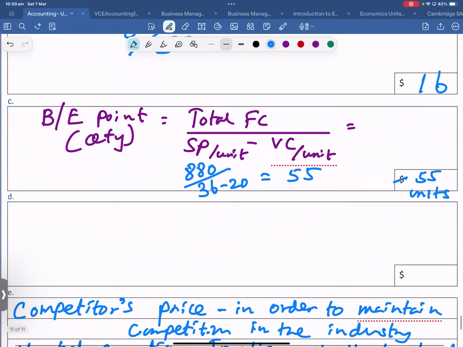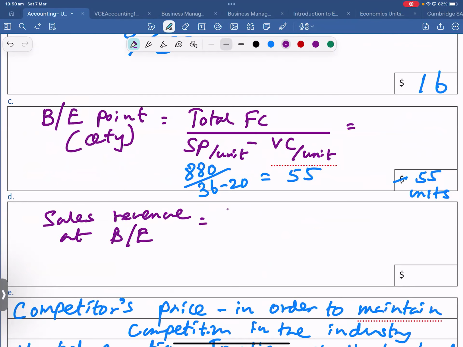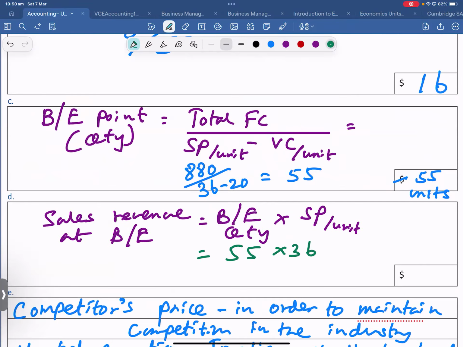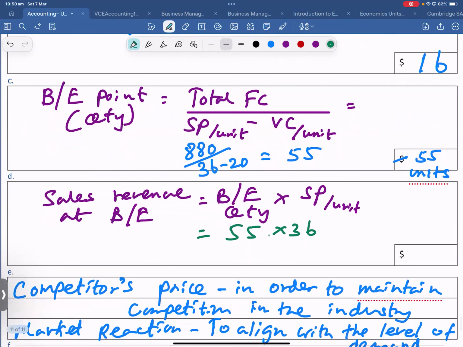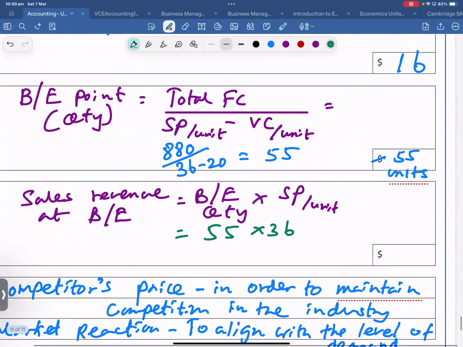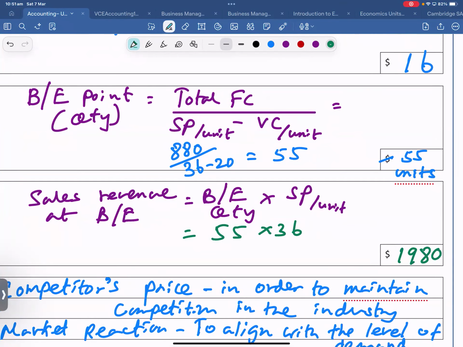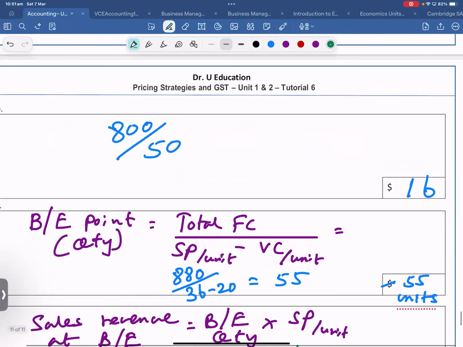Then sales revenue. Revenue at break even is equal to break even quantity times the selling price per unit. 55 times 36, which is 1650 plus 330, so 1980.